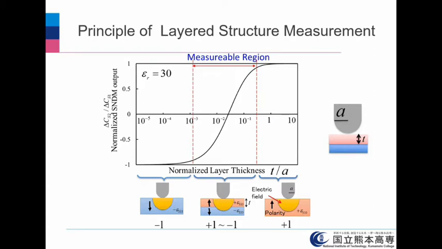Now if we measure the layered structure, the output signal will be between +1 and -1, which depends on the thickness of the inverted layer. Therefore, by measuring the output signal precisely, we can determine the thickness of the layer.